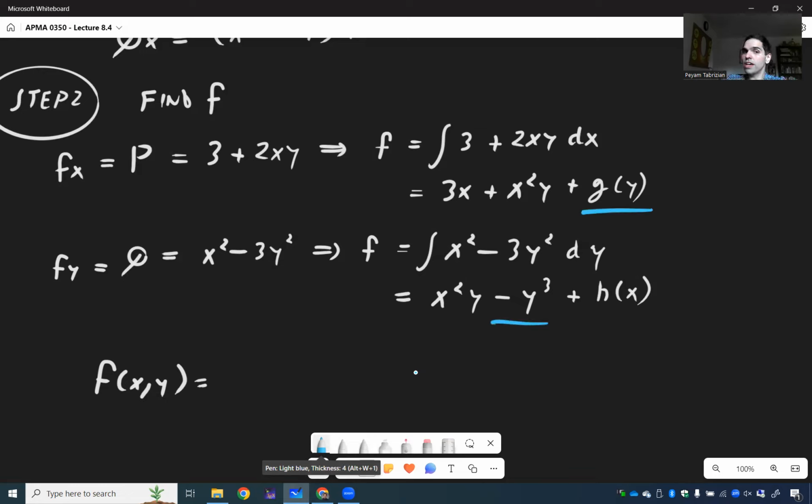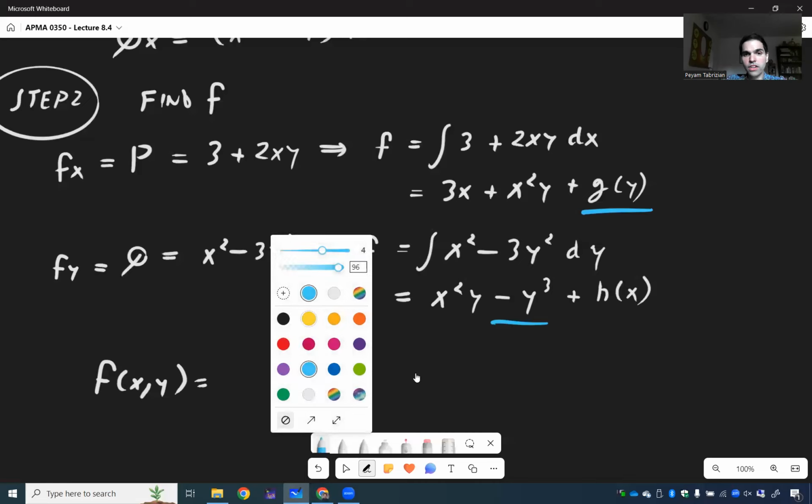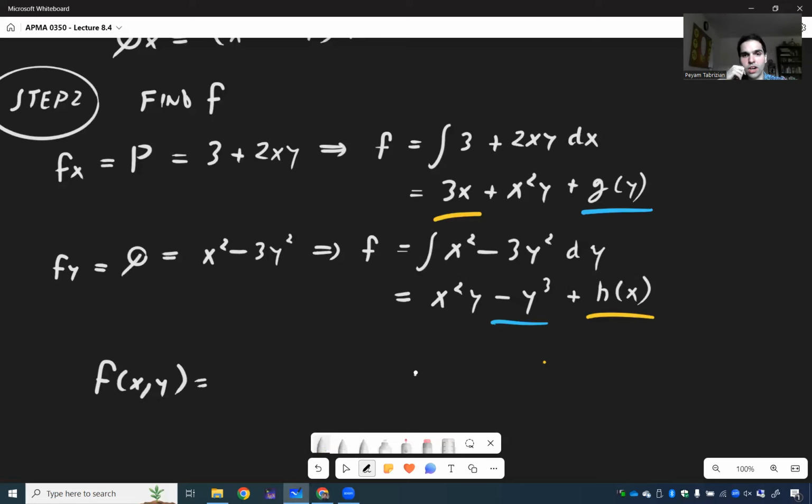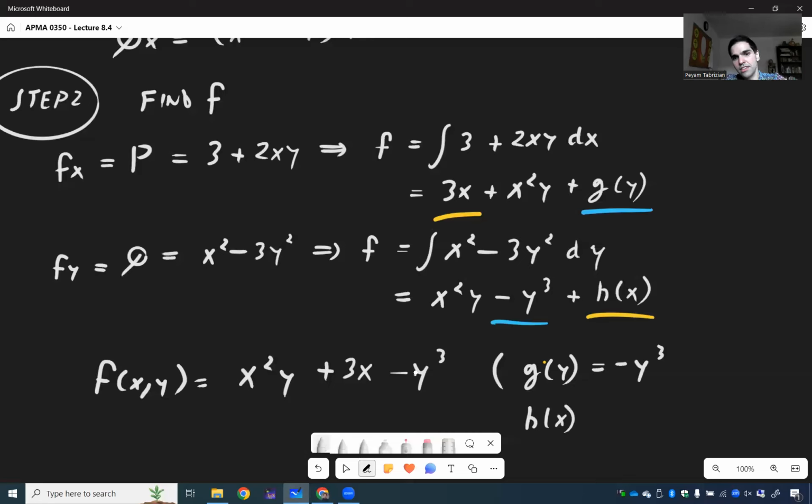It's just minus y cubed. And what are the x terms? It's 3x. So in particular, our mystery function is x squared y plus 3x minus y cubed. So here g of y is minus y cubed and h of x is 3x.